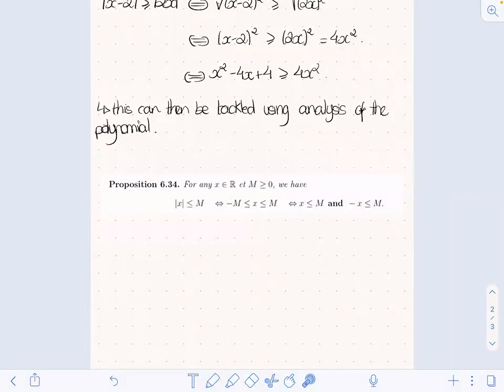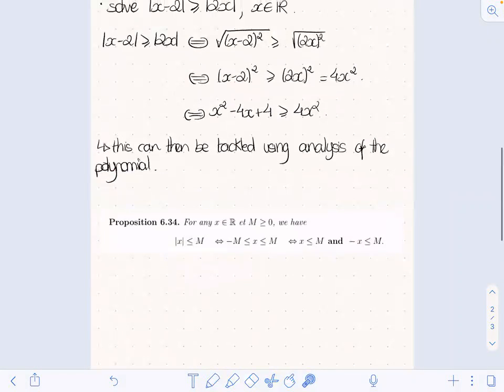In this case, rather than replace the absolute value by the square root of the thing squared, if you end up with any inequalities like this, so absolute value of x smaller than m, you can also rewrite it as minus m smaller than x smaller than m. And then you've got to be careful in that you've got two possibilities.